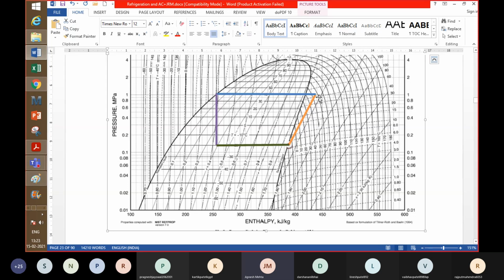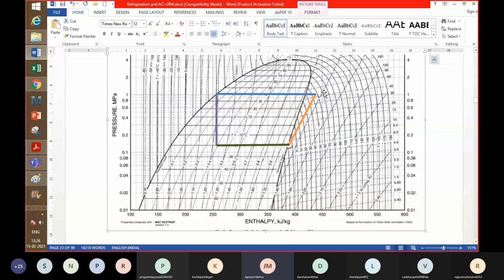The second thing you might again notice is that the process is not exactly isentropic, right? Because if you put the condenser pressure and the outlet temperature of the compressor, and join the outlet from the evaporator and the compressor outlet, you may find that it's not running parallel to these lines or not maintaining proportion of distances between these two lines.